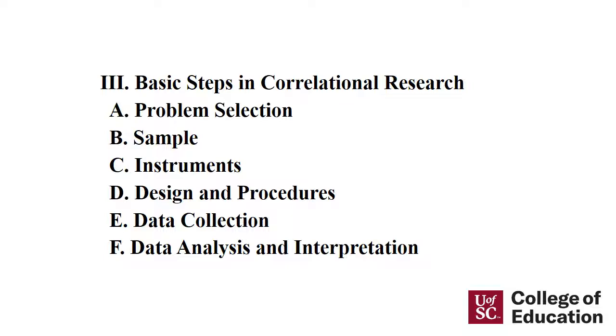Although data sometimes can be collected from records of one sort or another, e.g., grade transcripts, most correlational studies involve the administration of some type of instrument, tests, questionnaires, and so on, and sometimes observation. Instruments must show evidence of validity and reliability. D. Design and procedures.